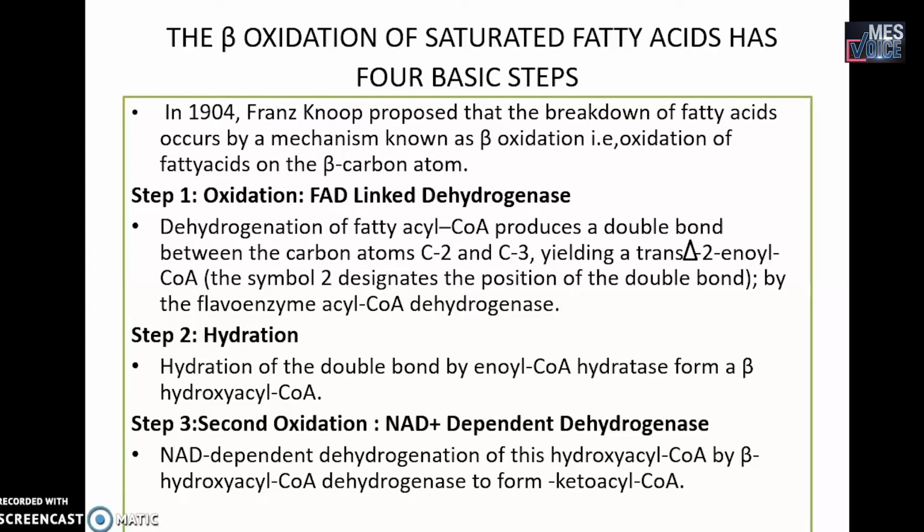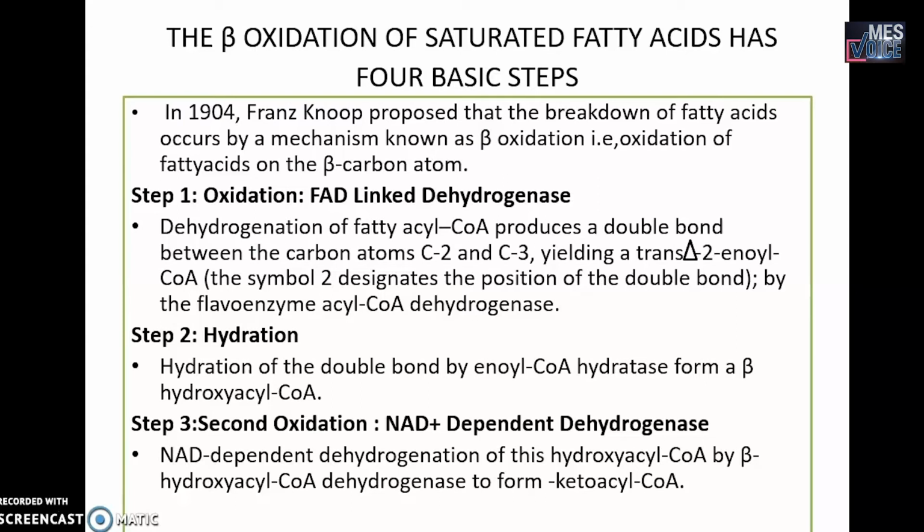Here the symbol 2 designates the position of the double bond. And the reaction is catalyzed by the flavoenzyme acyl-CoA dehydrogenase. Since it has FAD as a coenzyme, it is known as the flavoenzyme.